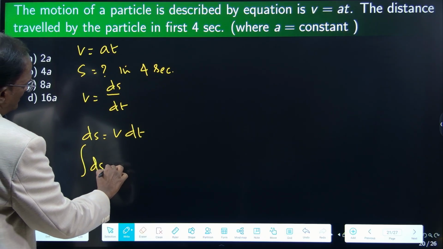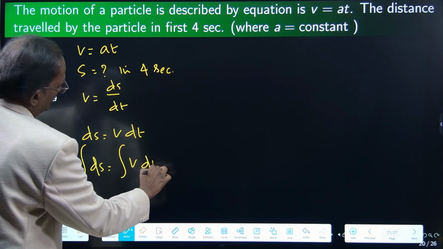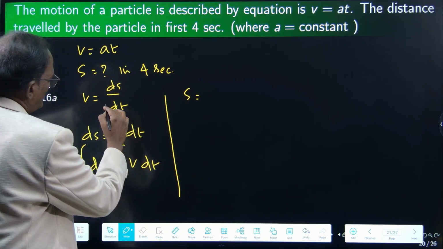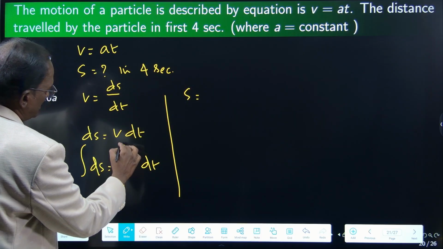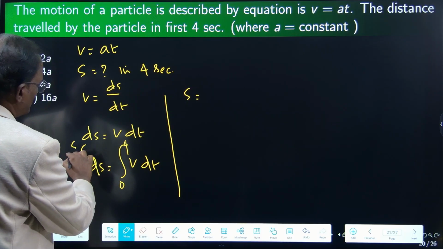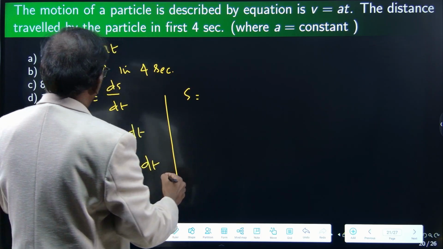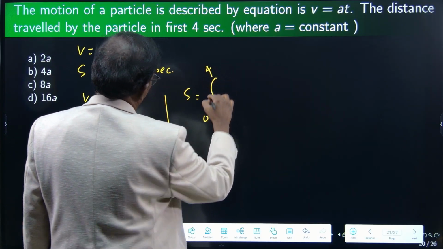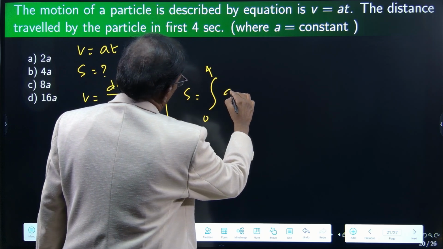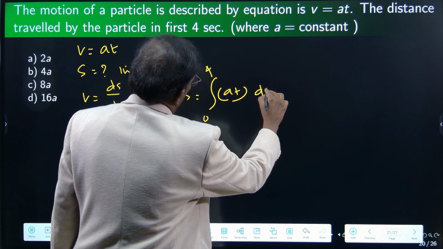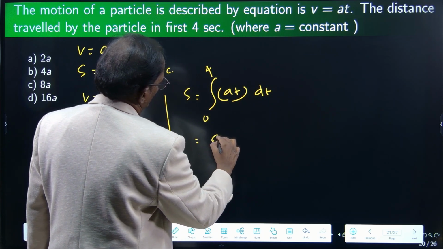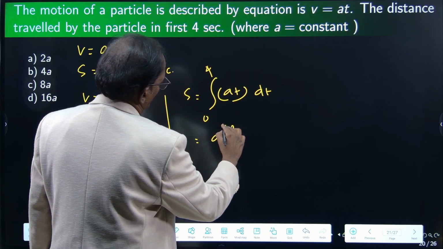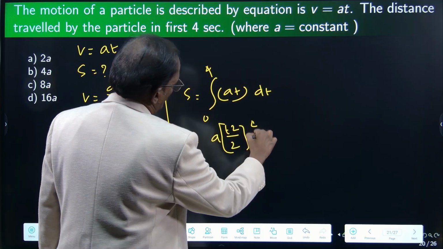Integral of ds is equal to integral of V dt. Then S, for the first 4 seconds, we can substitute the time here. This is 0 to S, so this is S only. V I can write as 0 to 4, V is At dt, which is equal to A into t square by 2, 0 to 4.